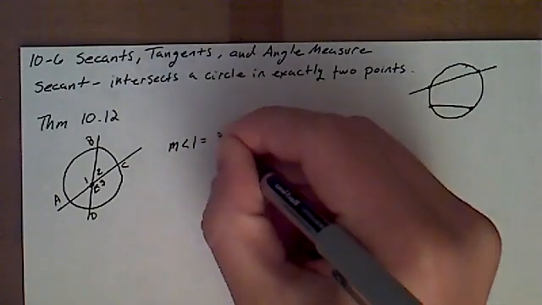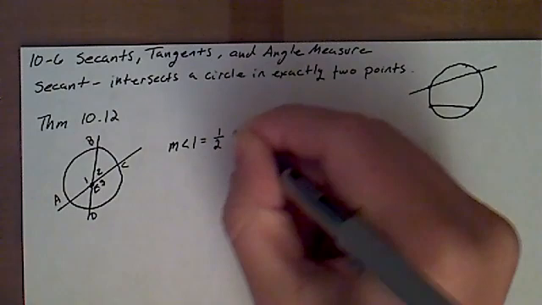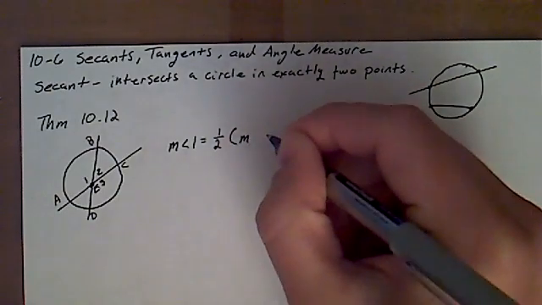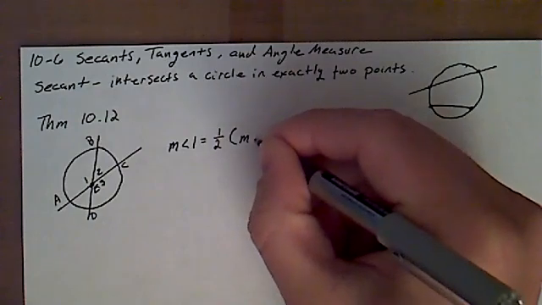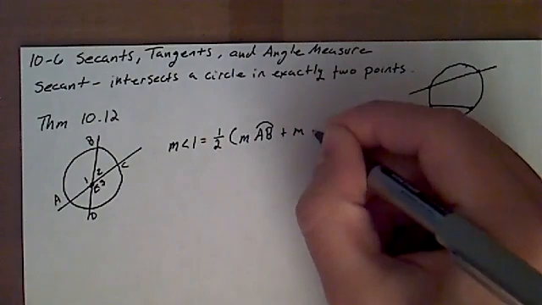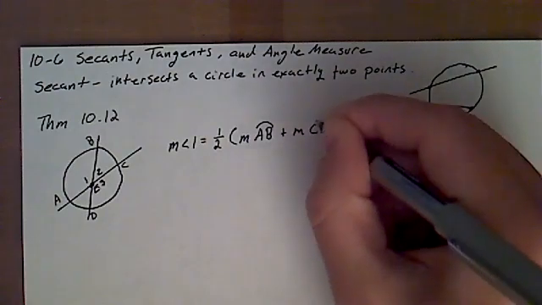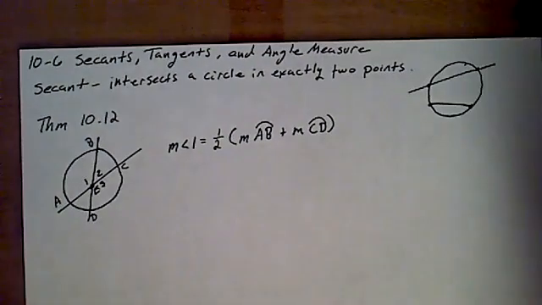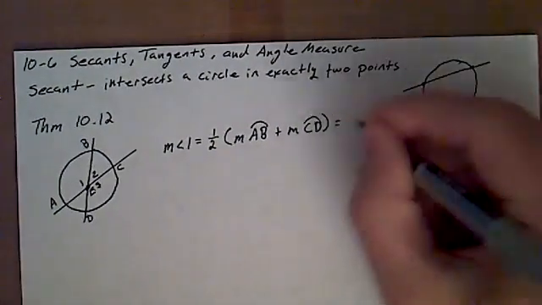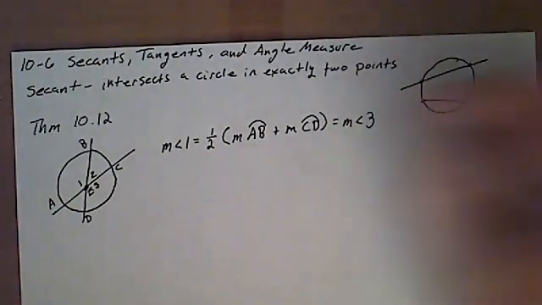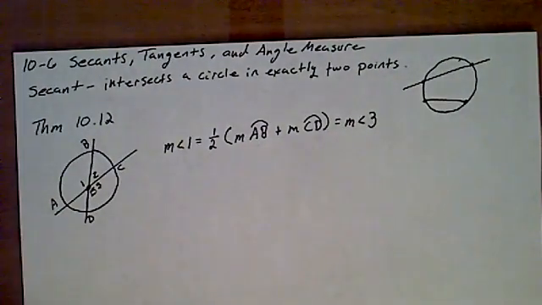So the measure of angle 1 is going to be equal to 1/2 the sum of those two arcs. So arc AB and arc CD. Again, notice that this means that that is also the measure of angle 3, right?